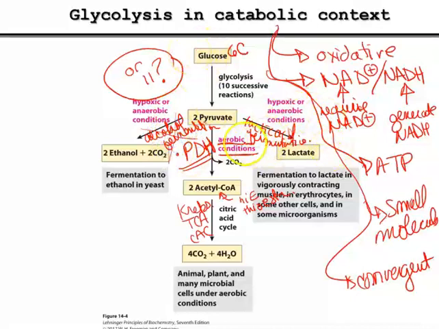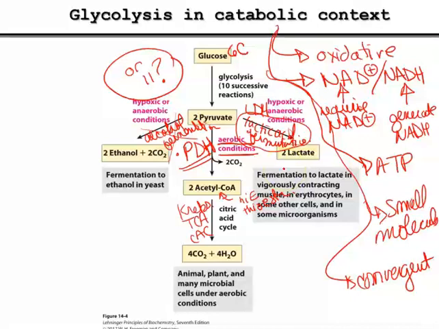But in us, lactic acid fermentation occurs. And in lactic acid fermentation, an enzyme called lactate dehydrogenase is going to convert pyruvate to lactate and in the process regenerate NAD+, so we could keep running glycolysis. And we're going to spend a lot of time looking at that.